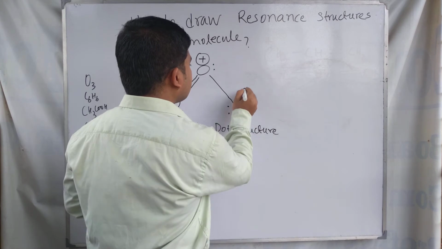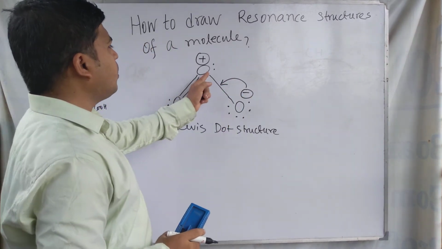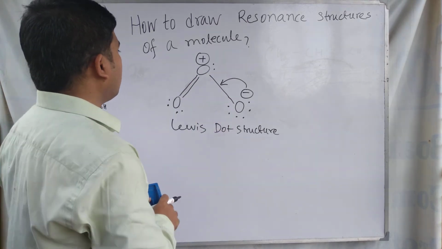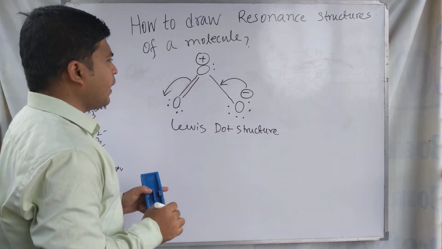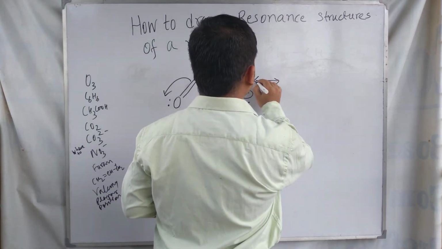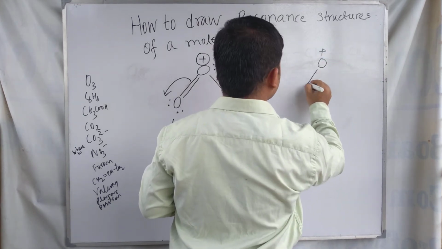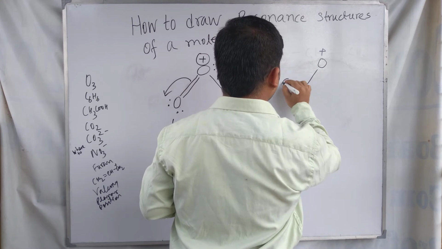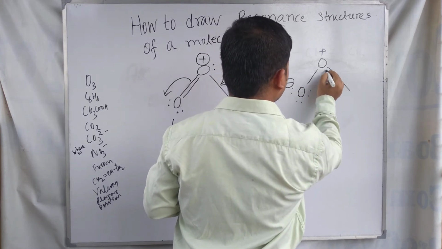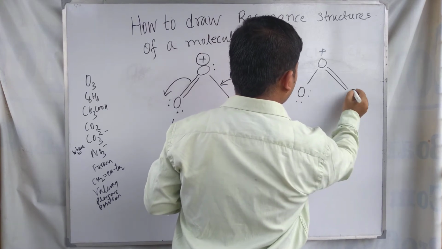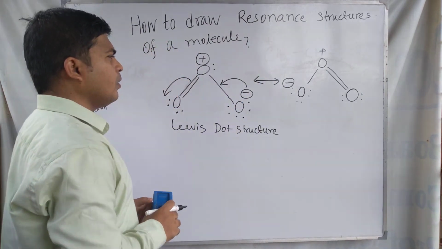For the resonance structures, this negative charge can form a bond between these two oxygen atoms, and this bond opens up, and our resonance structure should be like this one.